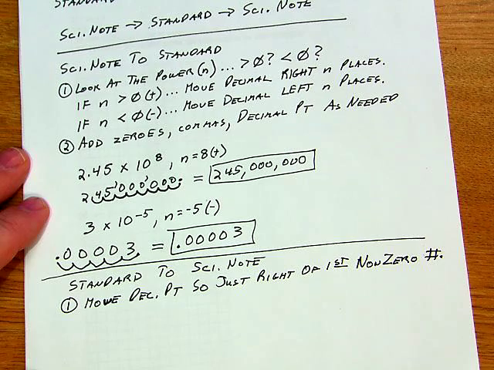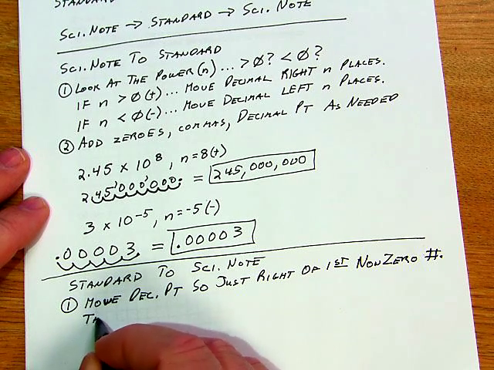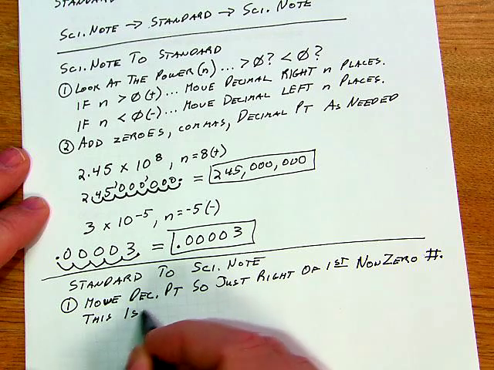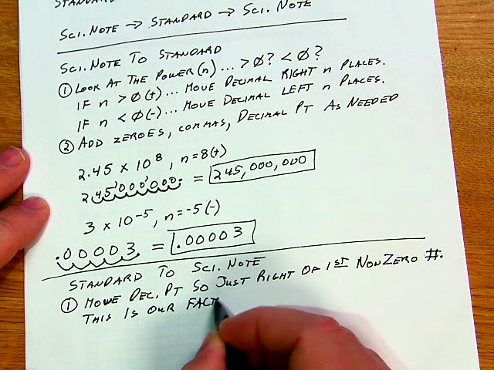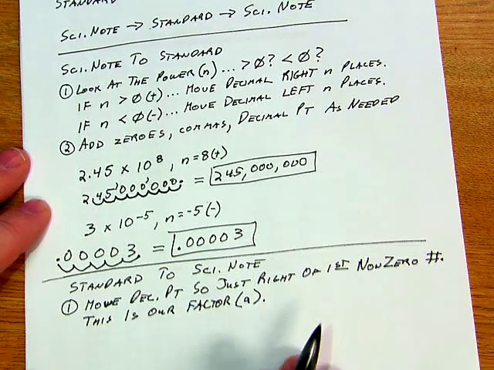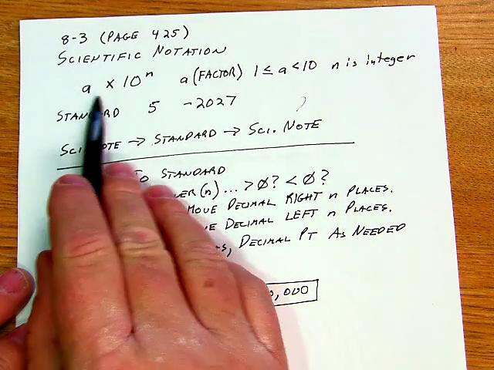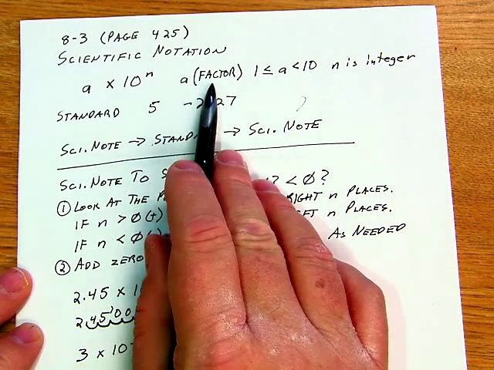Okay, the resulting number is our factor, or our A value from up above. Come back up and look at this. When we do that first movement, we'll get our A value, or our factor. Okay?